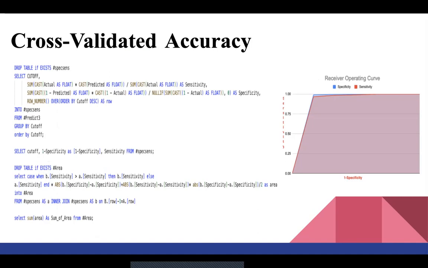For the cross-validated accuracy, as I said before, we calculated sensitivity and specificity, and this was used to create a receiver operating curve, and we also calculated the area under the curve in this diagram.